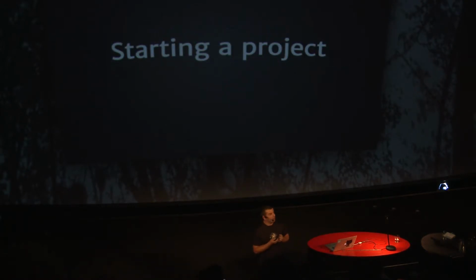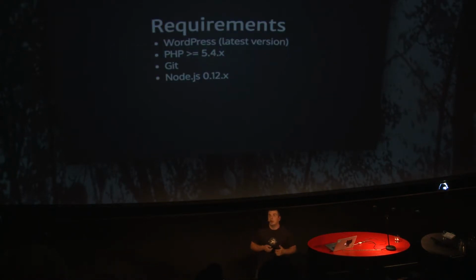So how easy is it to start a new project? We won't be going into WordPress, the wp-content themes folder, blah blah, creating all the files, because this is the starter, and we're going to clone it. But before that, here is the awesome PHP 5.4 version requirement, which is awesome.